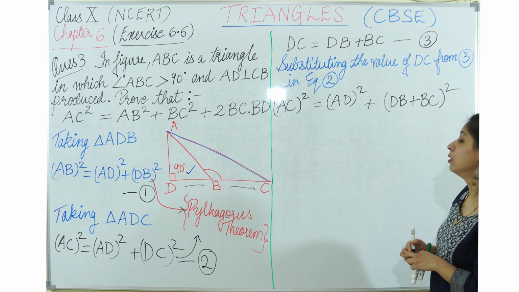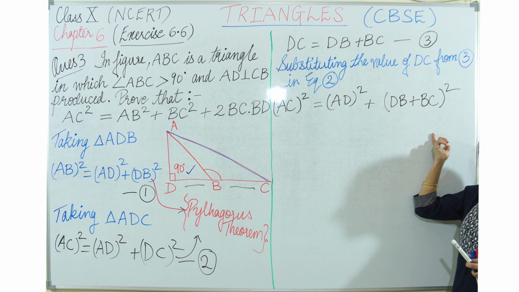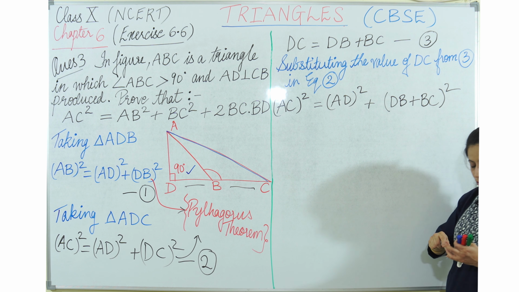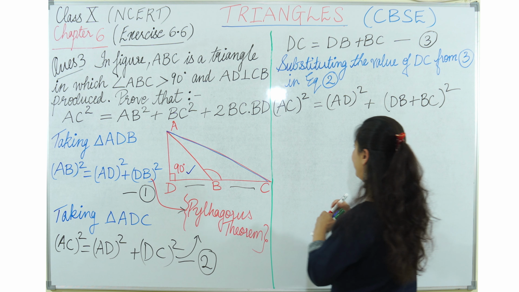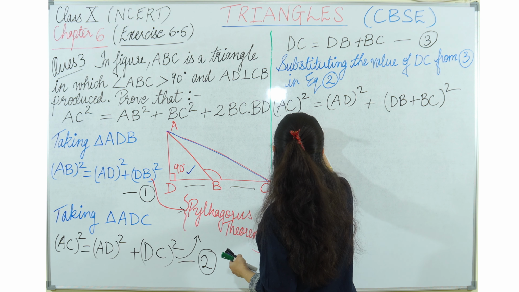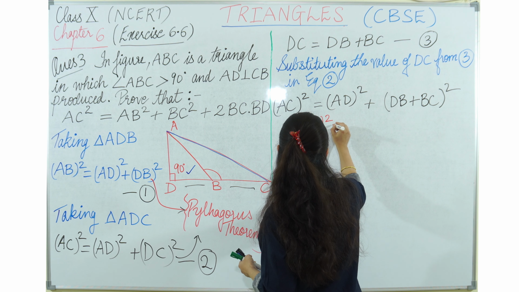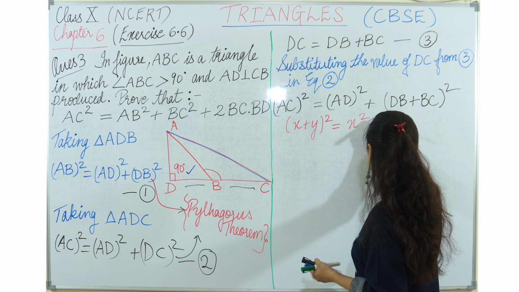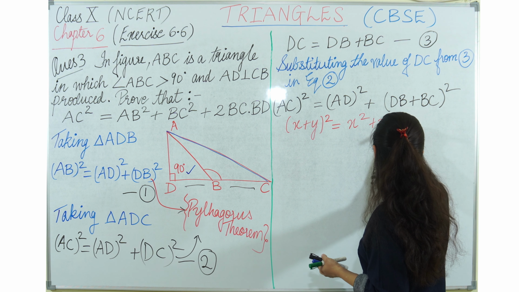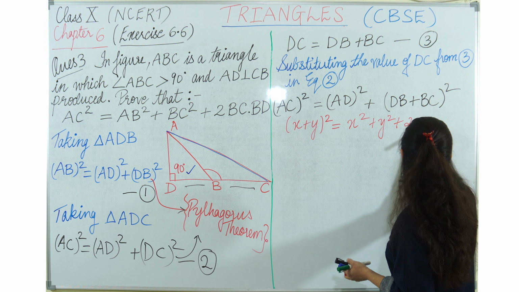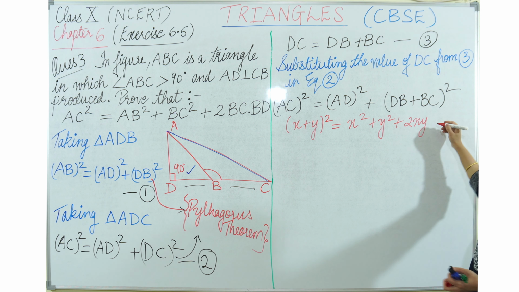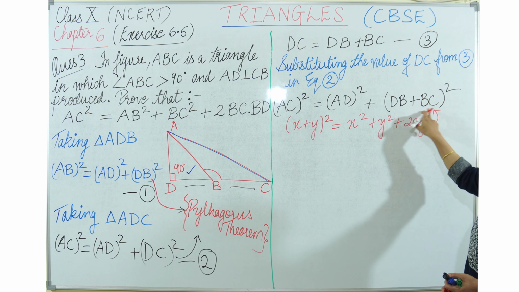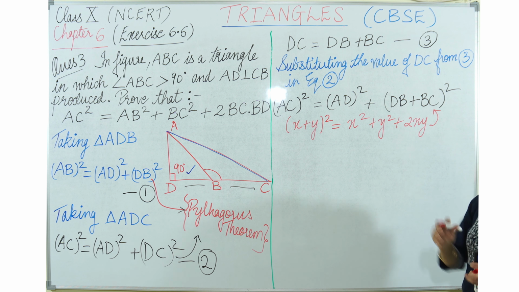Now this becomes the formula for x plus y whole square. We already know mathematically that x plus y whole square is x square plus y square plus 2xy. We will apply this formula to open DB plus BC whole square.